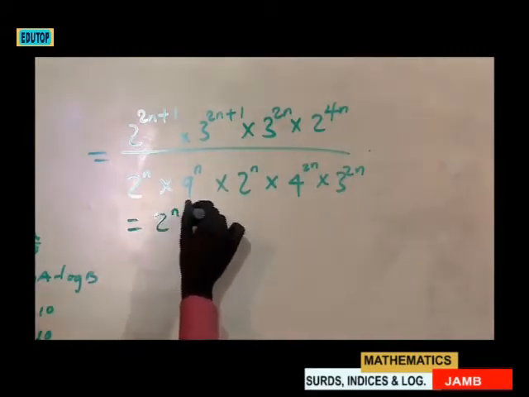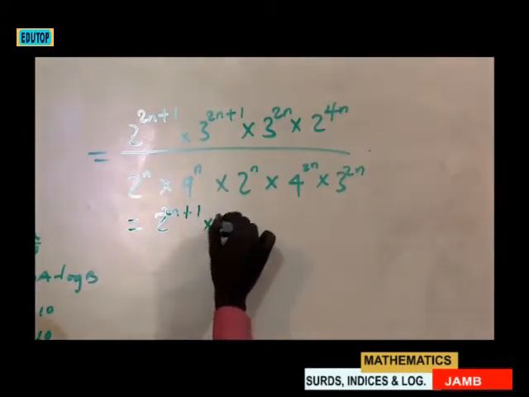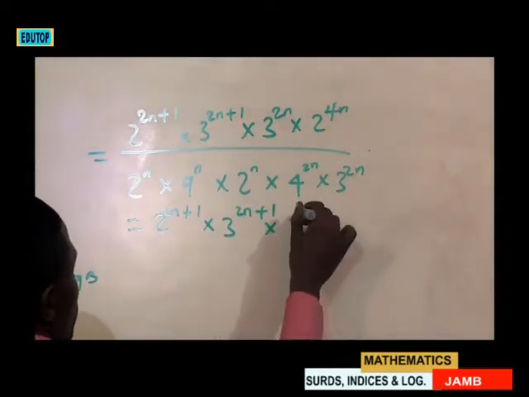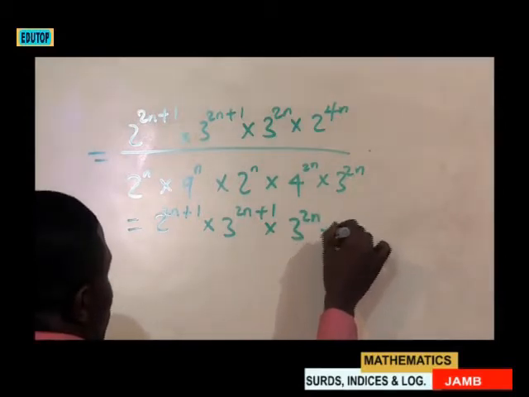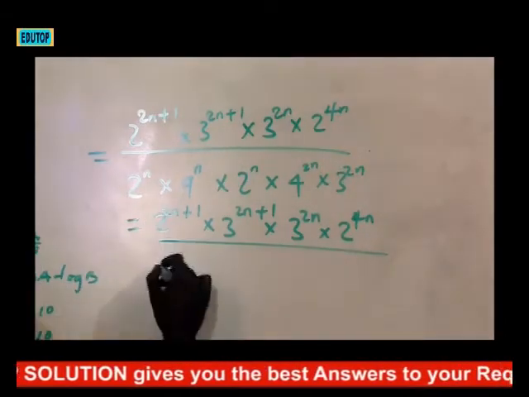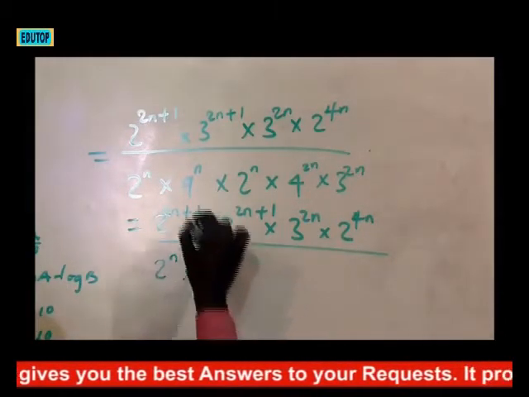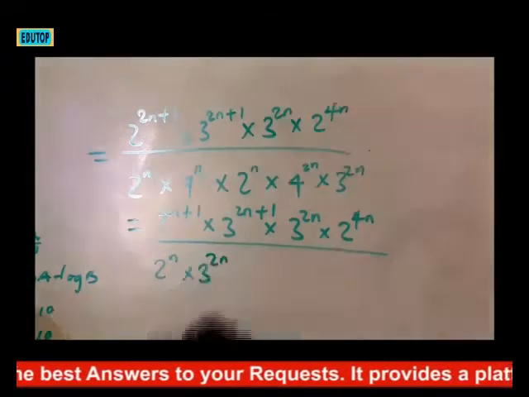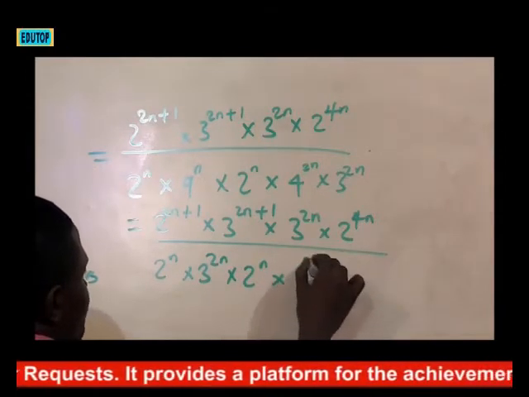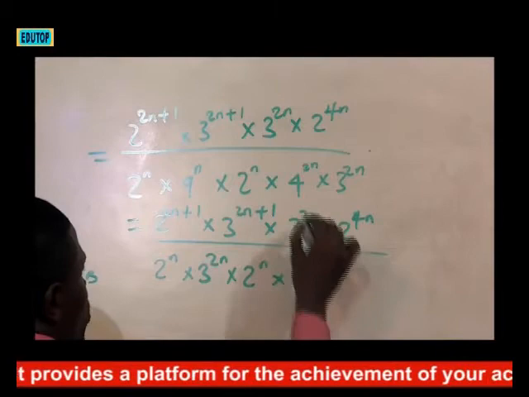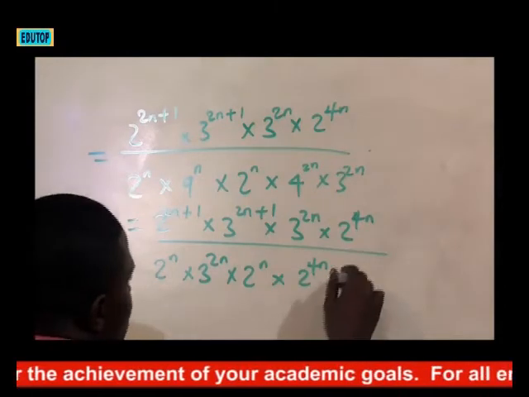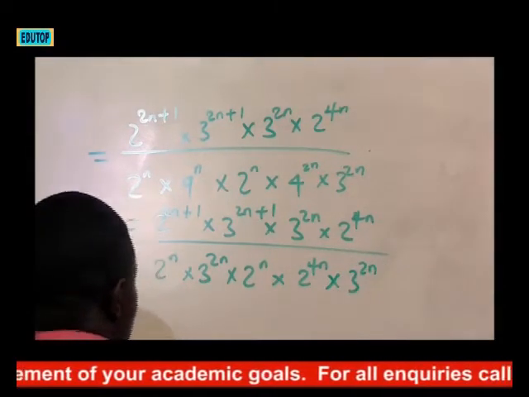So I have 2 raised to power 2n plus 1 times 3 raised to power 2n plus 1 times 3 raised to power 2n times 2 raised to power 4n divided by this one now 2 raised to power n times, this one is now 3 raised to power 2 makes 9, so that becomes 3 raised to power 2n times 2 raised to power 2n times 2 raised to power 4n, because 4 is 2 raised to power 2. 2 times 2n, that becomes 4n times 3 raised to power 2n.